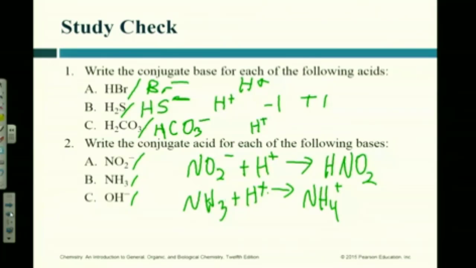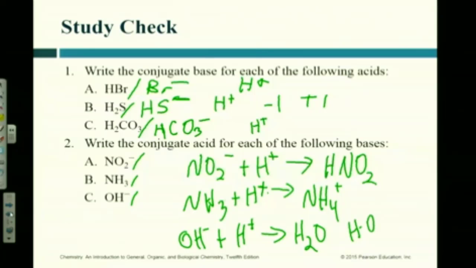Okay. All right, now here's OH minus, hydroxide ions, plus hydrogen ions. What do I have now? Now, I don't know if I told anybody in here, it's in my lab. Sometimes I'll write this as HOH. Don't do that in Mastering because it'll count it wrong. Why do you think I write it as HOH?